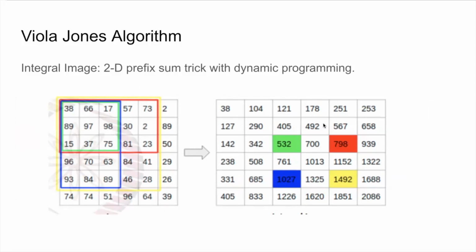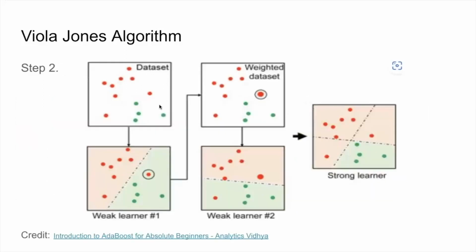We take the dataset, apply the Haar-like features, and use that as a weak classifier to learn the class in the image. Then we repeat the same thing on a weighted dataset and update our weak learner, and at the end we find a strong learner which will satisfy our need.